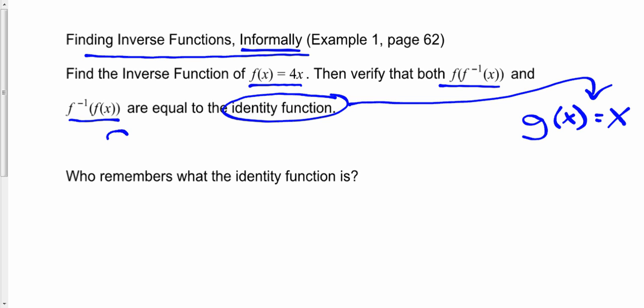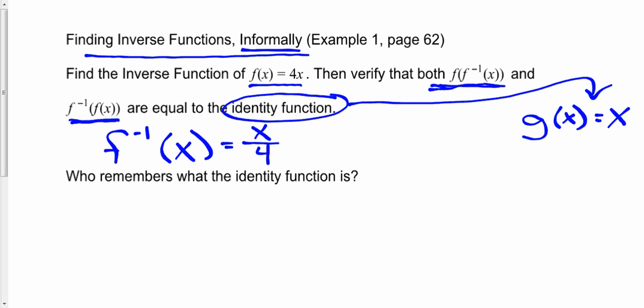So f inverse of x equals x divided by 4. So that's what they mean by kind of figuring it out in your head, right? Then it says verify that this and this are both equal to the identity function.